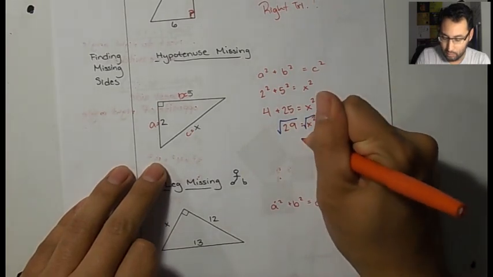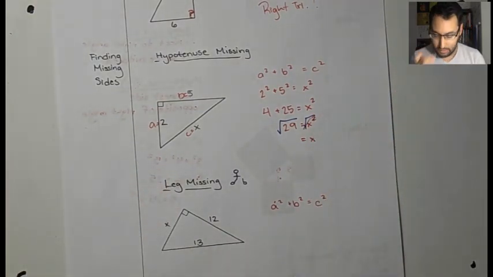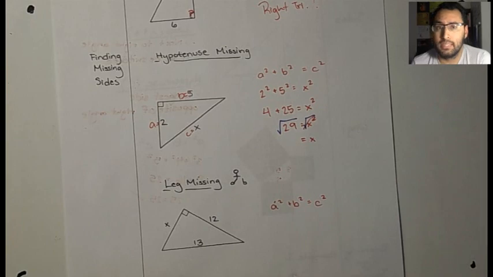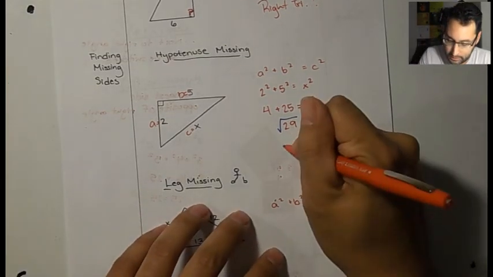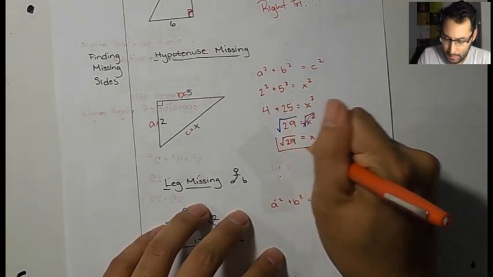On the right side, we're just going to get x because squares and square roots cancel. On the left side, you can do a factor tree of 29, because this is going to be irrational, but you're not going to have any pairs that you can pull out. So this just simplifies to radical 29.